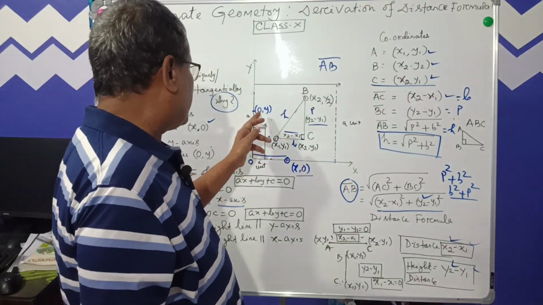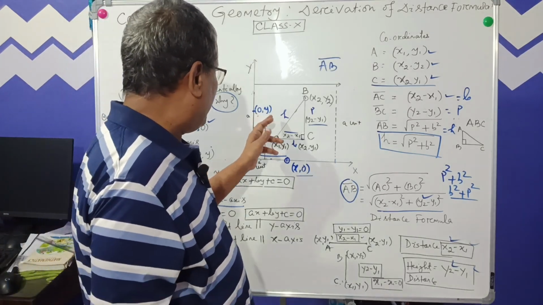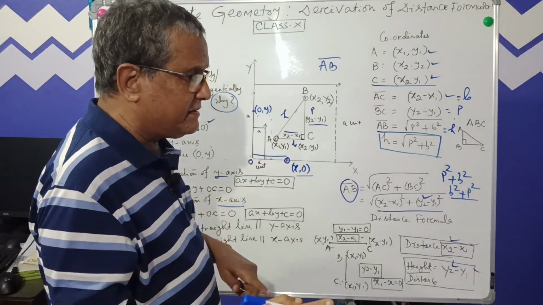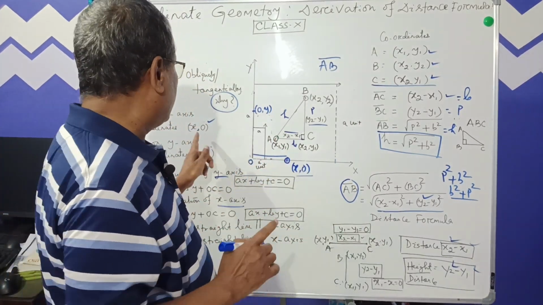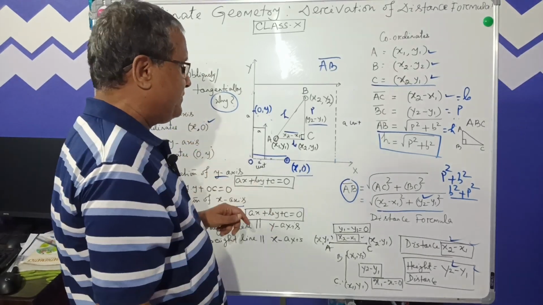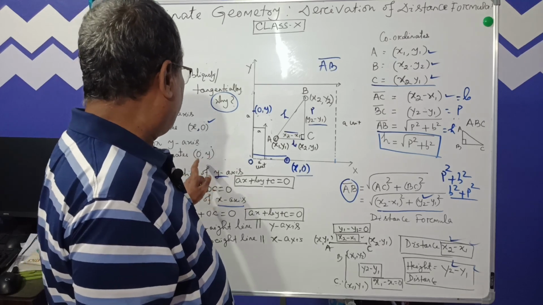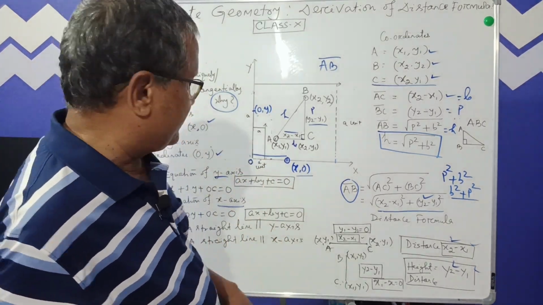So the x coordinate is 0, and it can be written as (0, y). So a point on the x-axis has coordinates (x, 0), and a point on the y-axis has coordinates (0, y). It's very important. Please remember.